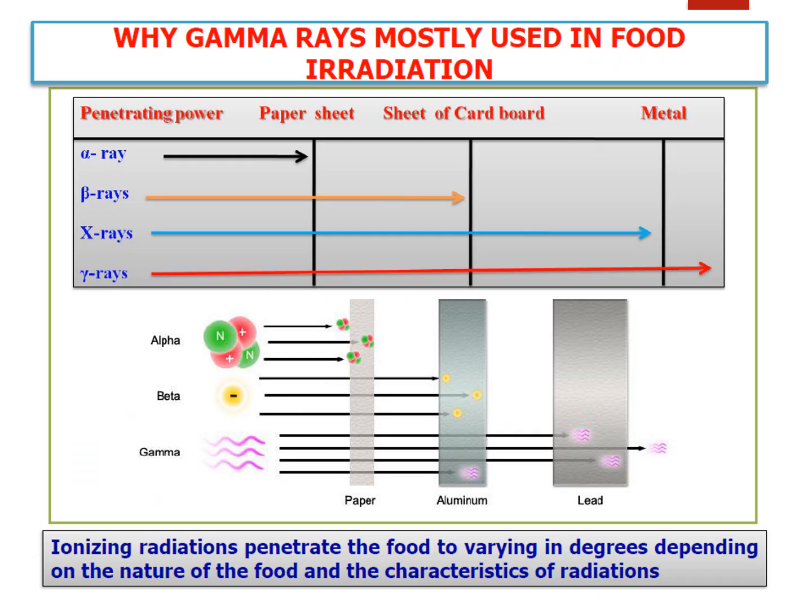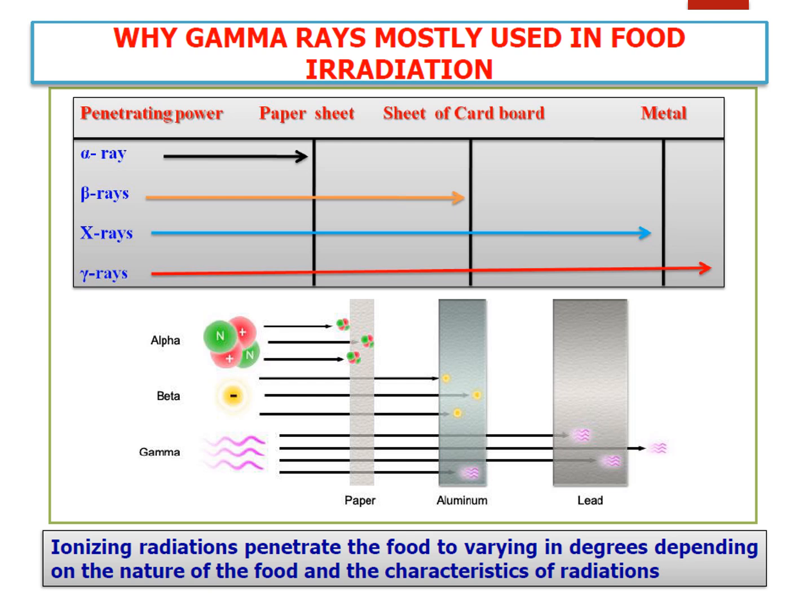Next, let me see why gamma rays are mostly used in food irradiation. Ionizing radiations penetrate the food to varying degrees depending on the nature of the food and the characteristics of the radiations.